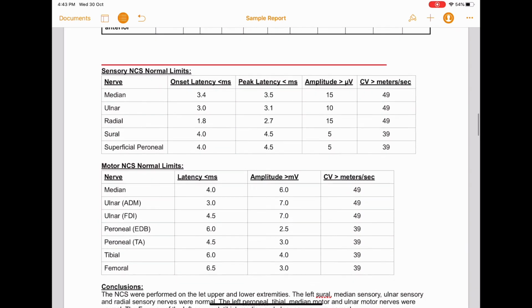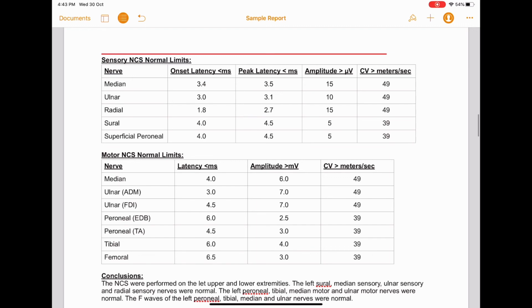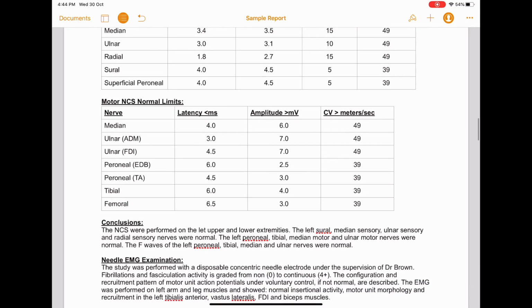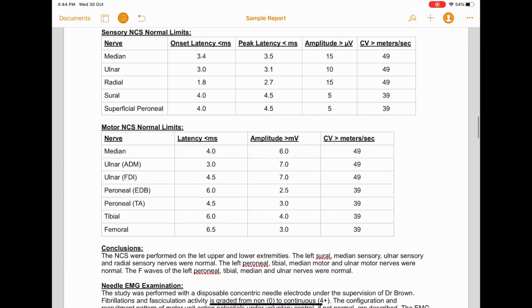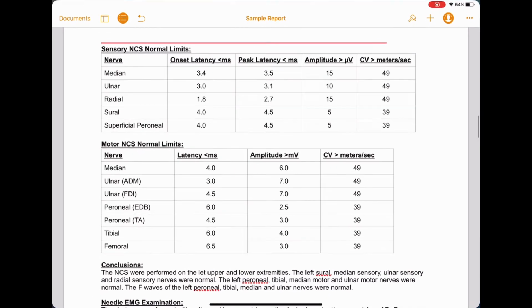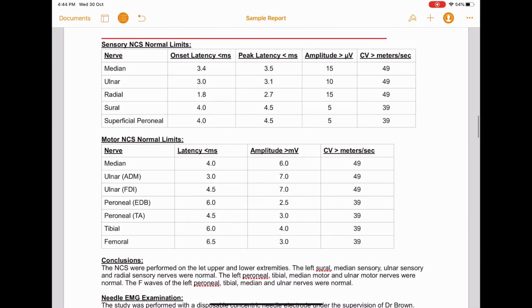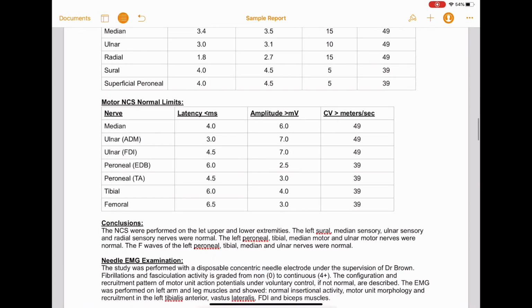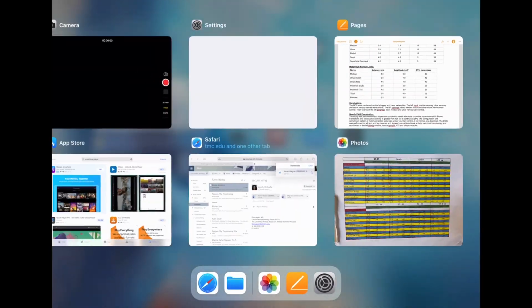And this is a brief of the normal limits that's noted in the report, but it is the other chart that I showed you earlier, this one, which has the normative values, this one.